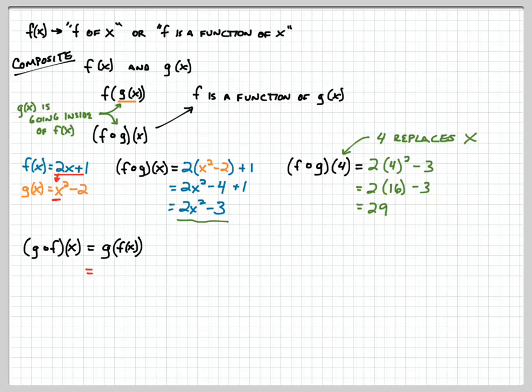So that's going into the x for the g. So we now have 2x plus 1 squared minus 2. Do our simplifying, and we've got 4x squared plus 4x plus 1, and then that's minus 2. And we simplify from there, and we've got our composite function g of f of x.